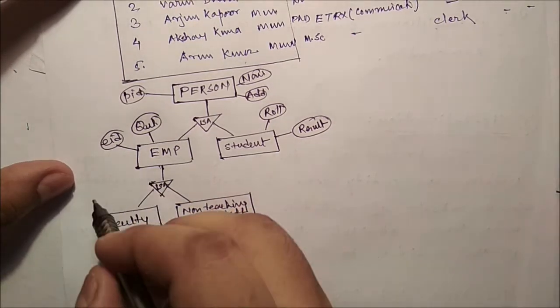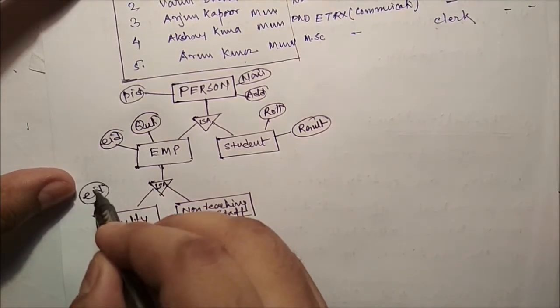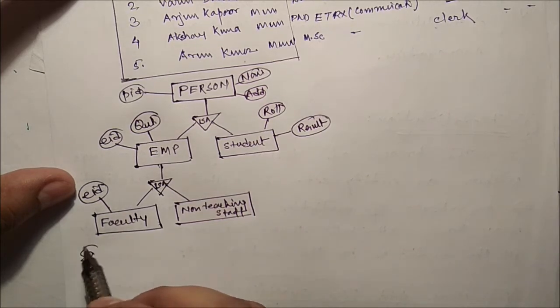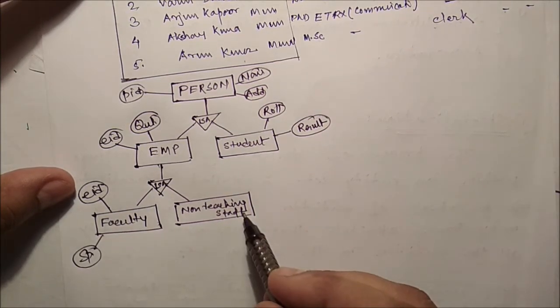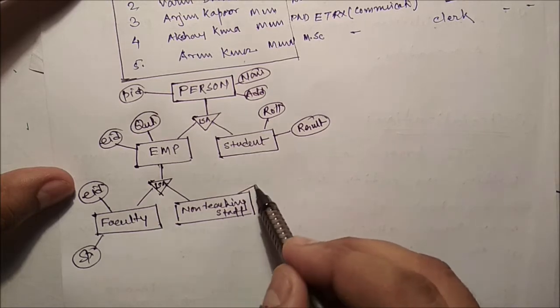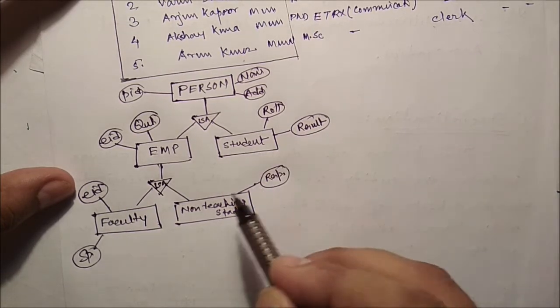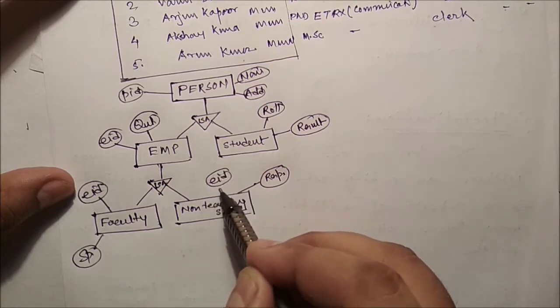So definitely employee ID is there, and we can say specialization is there, and here the attribute responsibility is there, and definitely employee ID must be there.